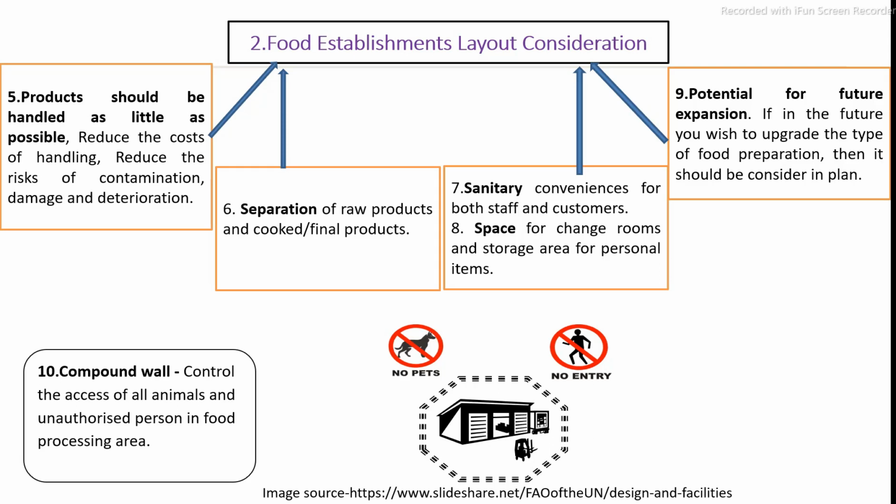And finally, construction of the compound wall around the food processing industry to control the access of all animals and unauthorized persons in the food processing area. These are the points that should be considered with respect to the layout design of the food processing industry.